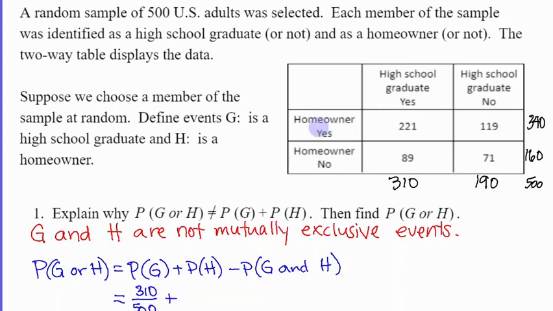The probability of being a homeowner is 340 out of 500. The probability of being both a high school graduate and a homeowner is 221 out of 500. So if I go ahead and do that math, I get 429 out of 500, which if you divide, gives you 0.858.